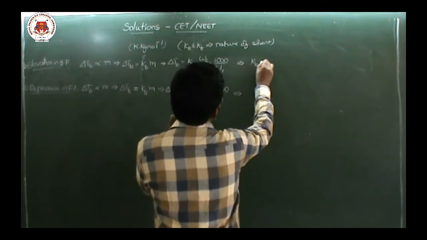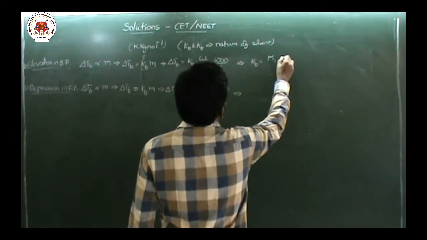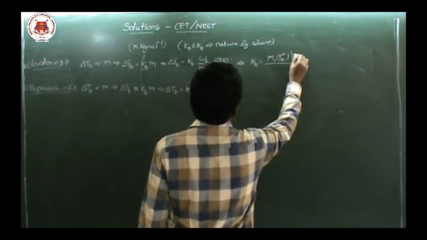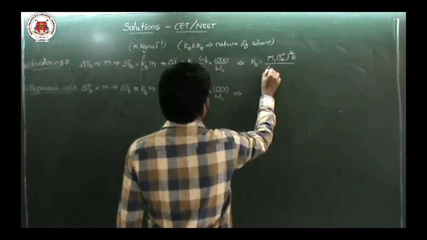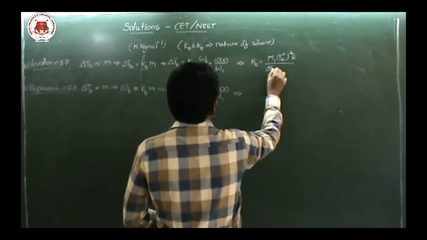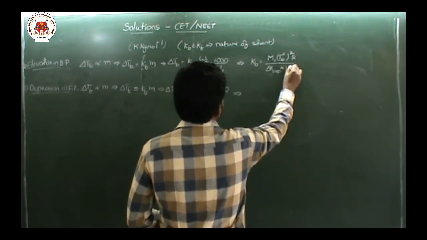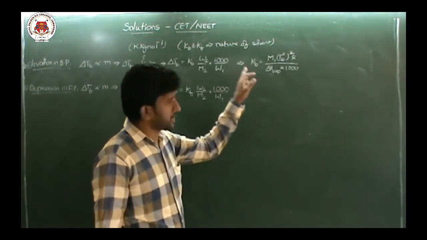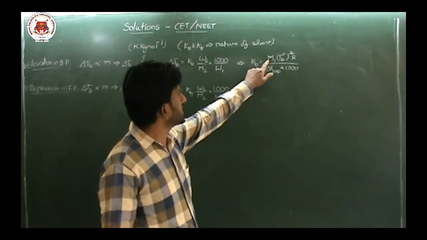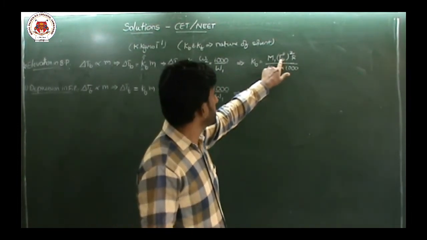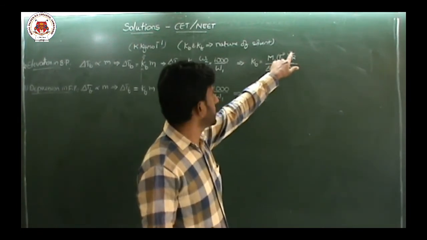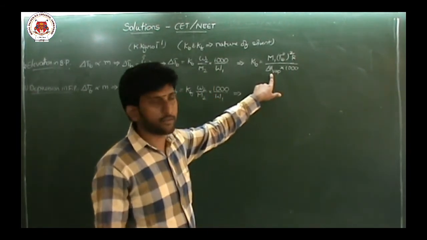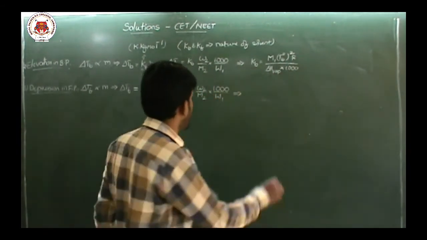Kb is equal to molecular weight of solvent into boiling point of pure solvent whole square into R, the universal gas constant, divided by enthalpy of vaporization, delta H vaporization, into 1000. This is the formula for Kb. Kb and Kf both are dependent on solvent only.